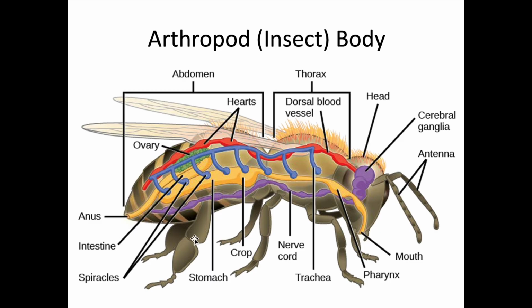Appendages, specifically jointed appendages. I'm not talking about little bristles like we saw in earthworms. I'm not talking about tentacles like we saw in a couple of different aquatic groups. I'm talking about appendages with distinct joints in them.